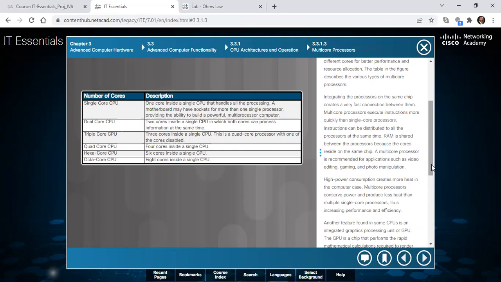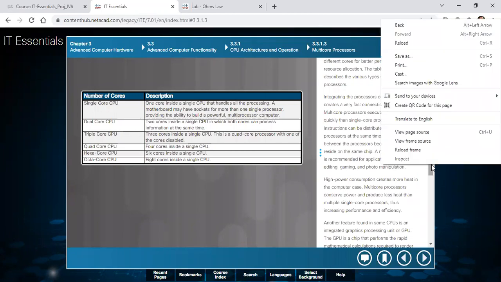Instructions can be distributed to all the processors at the same time. RAM is shared between the processors because the cores reside on the same chip. A multi-core processor is recommended for applications such as video editing, gaming, and photo manipulation.